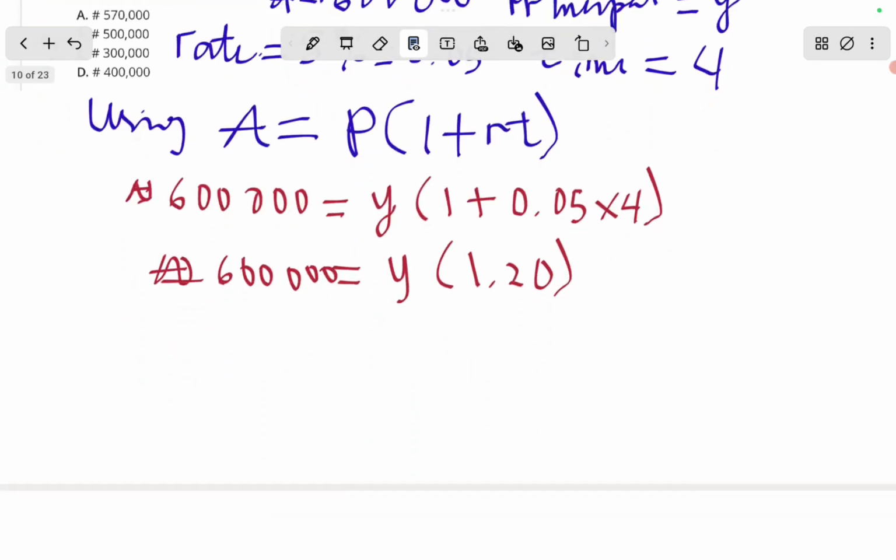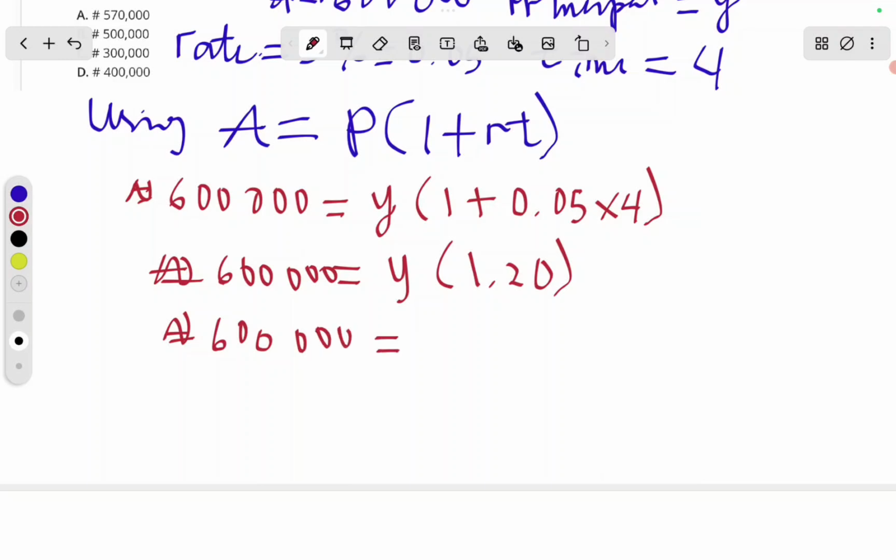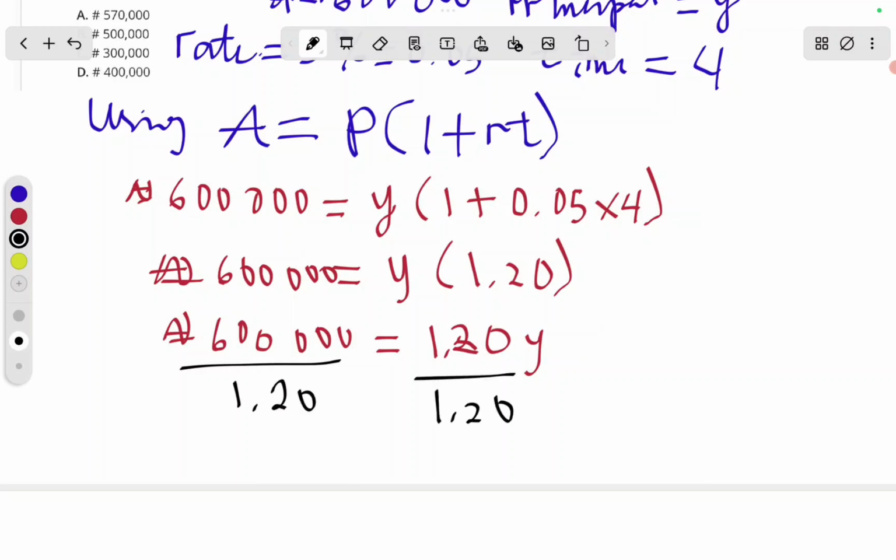Now how am I going to get the value of Y? We have 600,000 naira equal to 1.20Y. So to get the value of Y, divide both sides by 1.20.